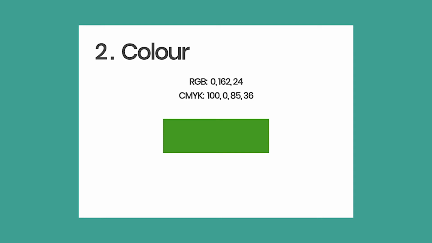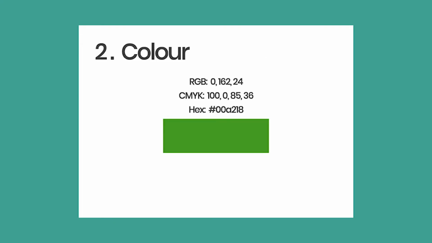So those values will be useful when printing. And the code that holds it all together is the hex value. The hex value retains the values, whether you're using RGB or CMYK, it doesn't matter. It will retain those values accurately so that you can use these colors depending on how you're exporting them.